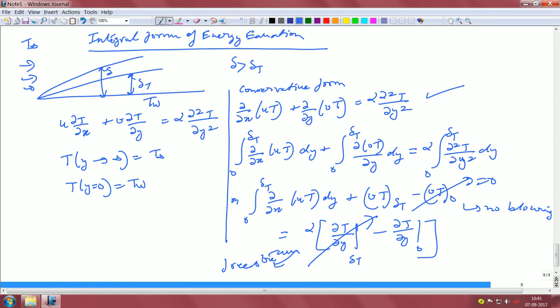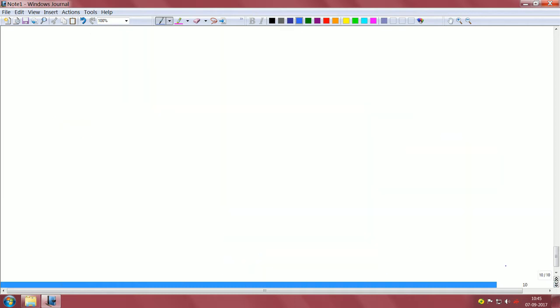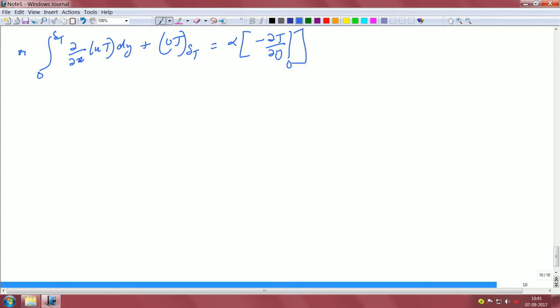If you want to write it in a proper form, that can also be done, but here V is equal to 0. So, now we can write the revised form of the equation. That is the revised expression.